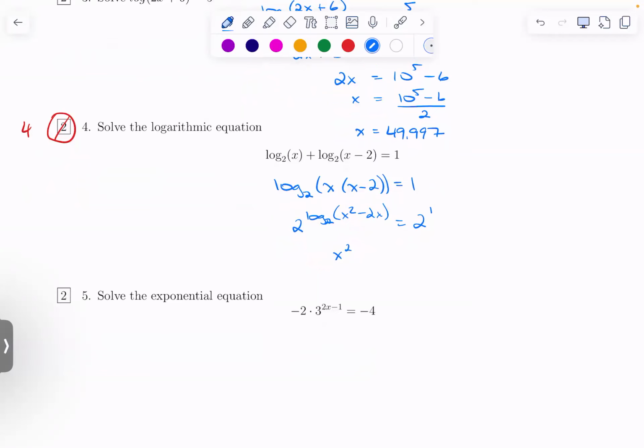Which tells me x squared minus 2x is equal to 2. But I want to solve for x. So I got to keep going.